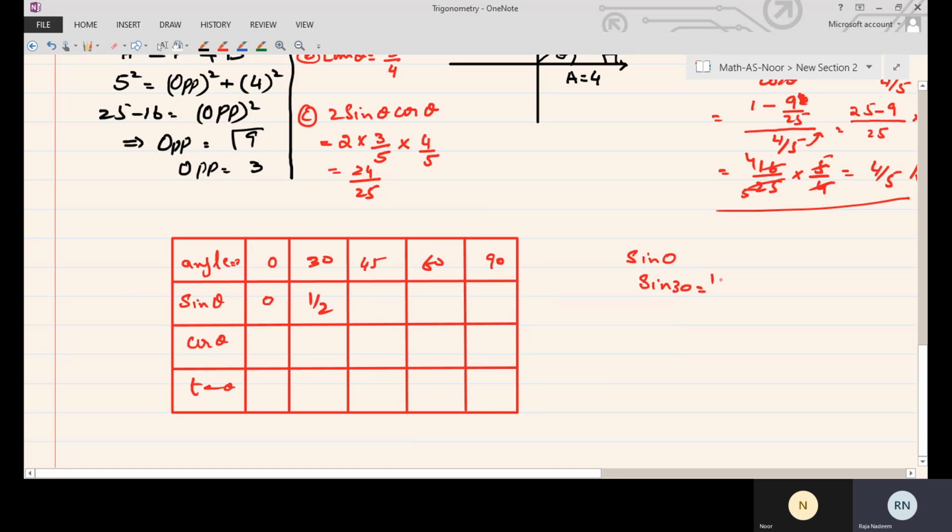Okay, what is the answer of sine of 45? 2 over root of 2.